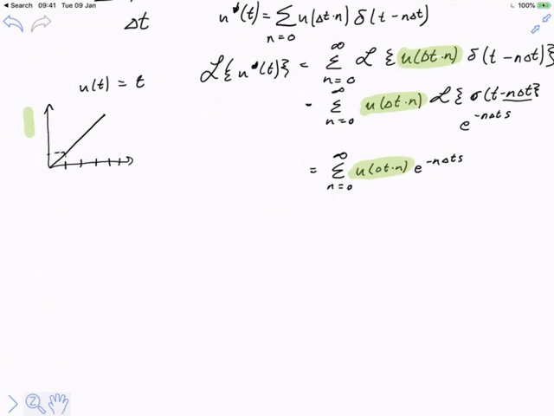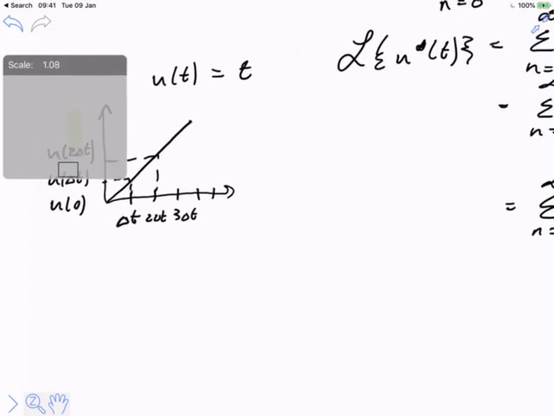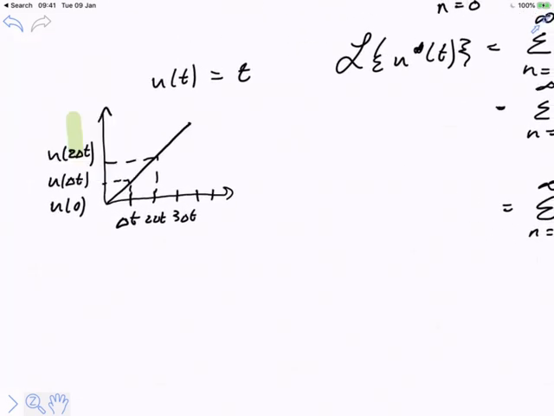Then this will be u of 0, this will be u of delta t, this will be u of 2 delta t. And these are now delta t, 2 delta t, 3 delta t, and so on. Okay, so that's what it would be if I had a u.